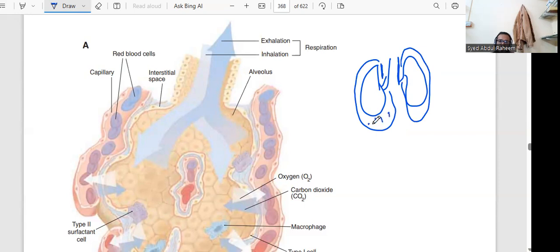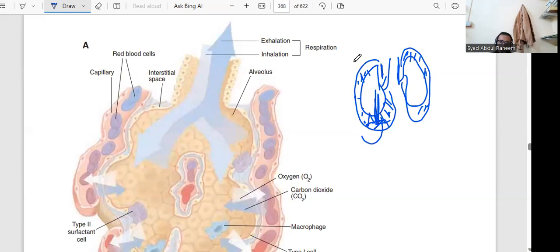In that space is the pleural fluid. So the lungs are expanding, and the pleura is able to stop that pressure. So here we are giving negative pressure, and we are getting positive pressure.